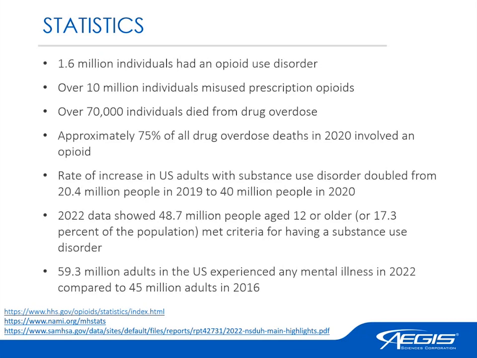The HHS also reported that approximately 75% of those drug overdose deaths in 2020 involved an opioid. So while there's progress being made, and we know there has been, to curtail this epidemic, there still remains an unfortunate uptick in overdoses and hospitalization secondary to opioid use.